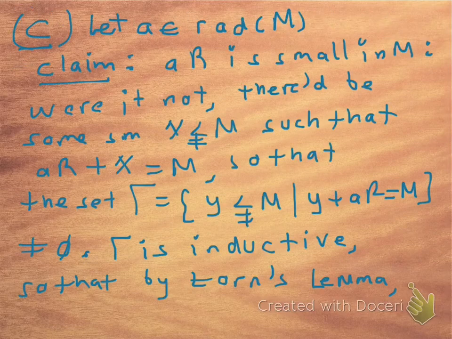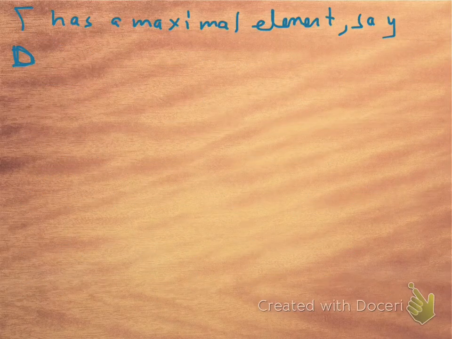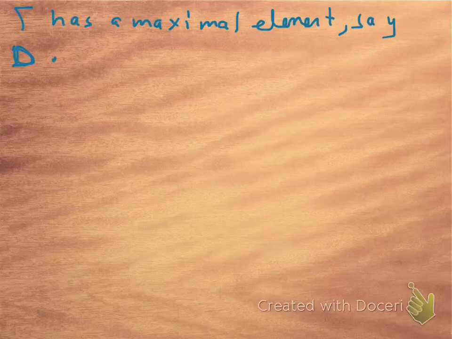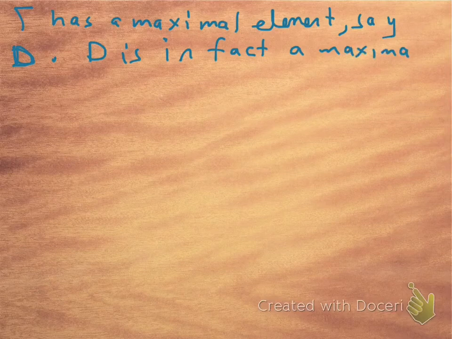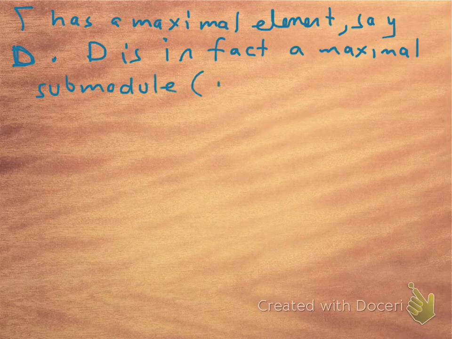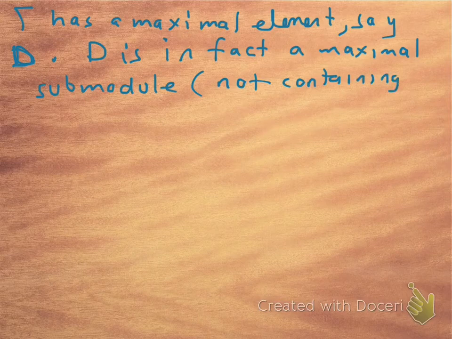So the viewer should prove that D is in fact a maximal submodule, but one that does not contain A. So this poses a contradiction because we picked A from the radical.